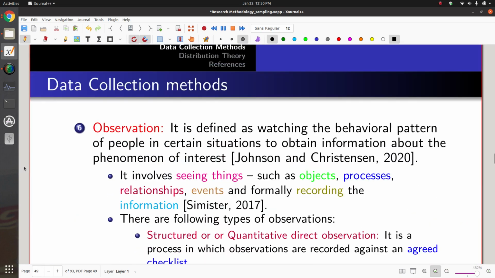Now last but very important method, that is observation. That is one of the important data collection methods. So in case of observation, what you do, you just watch the behavior pattern of people or objects or animals in different scenarios and situations to obtain information about them.